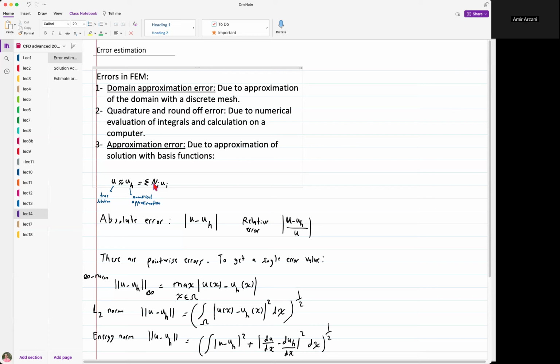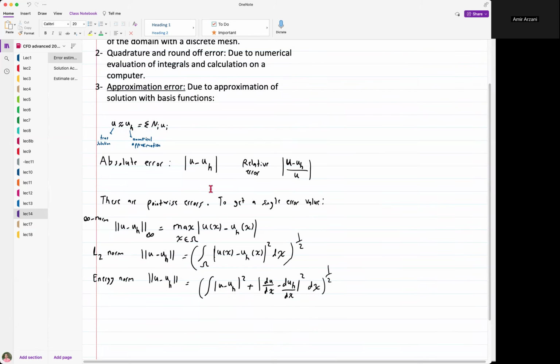So that defines how well we can approximate the solution, because we're really limiting ourselves to those basis functions defined through these shape functions. Okay, now we can define absolute errors. We can define relative errors. These errors are field variables. They're functions of space, right? So to turn them into a single error value, we can calculate the norm.